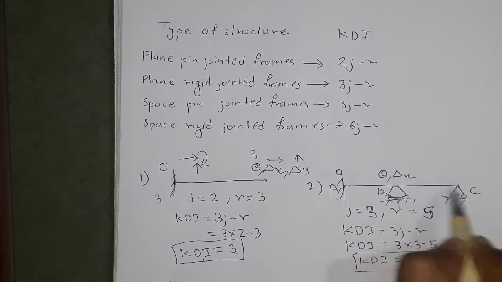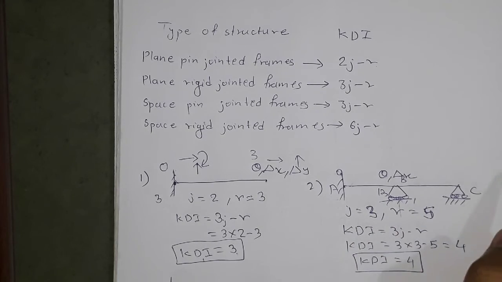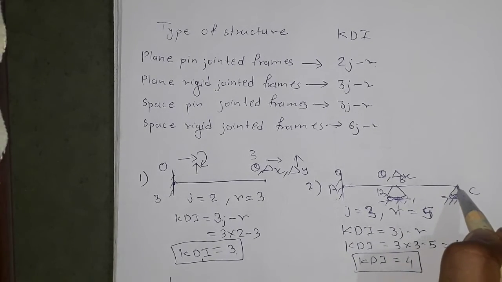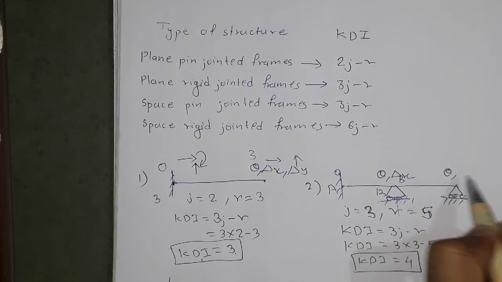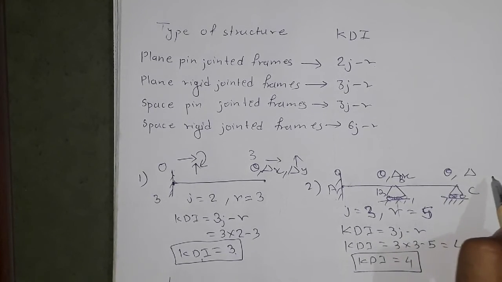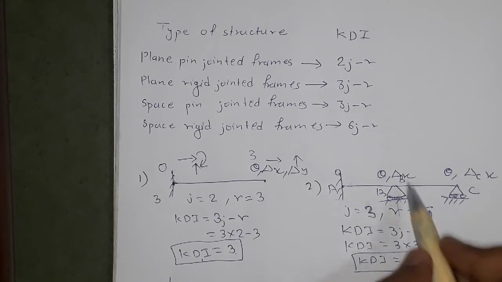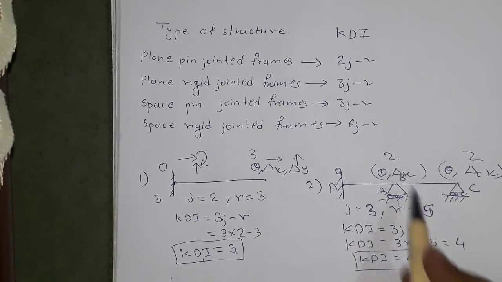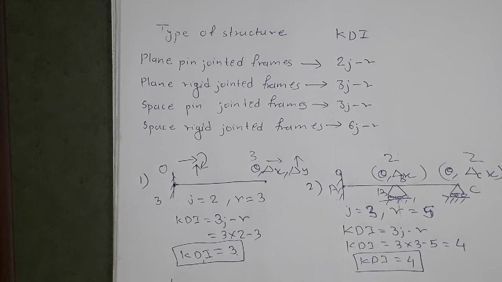Suppose this is A, B, C, D. Same at this joint, theta will be allowed, the rotation is allowed, and horizontal displacement at C is allowed. So here it will be 2, and at this joint 2. So 2 plus 2, it will come out to be 4. So you can go by any of the above methods.